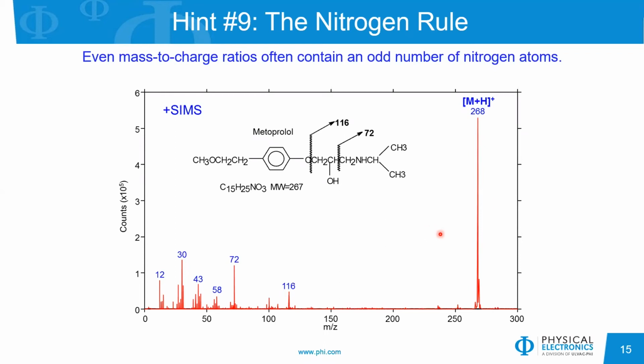So here we're looking at a peak at a mass to charge ratio of 268. It is the M plus H ion, and it is bearing one nitrogen atom in the molecular structure.